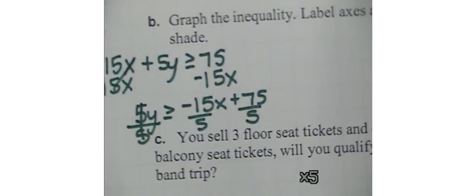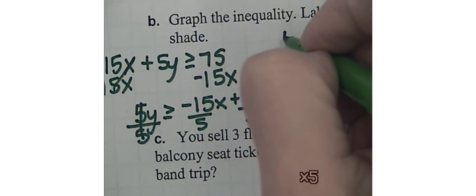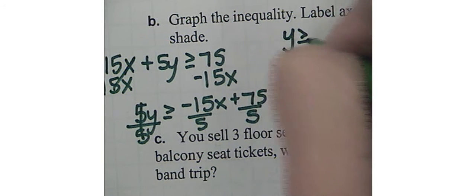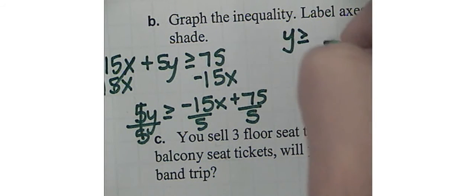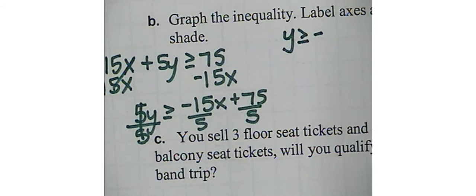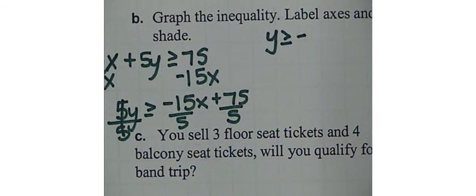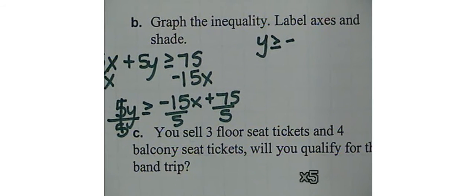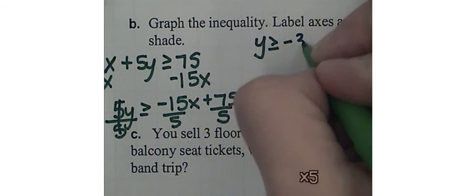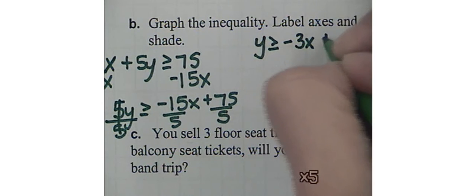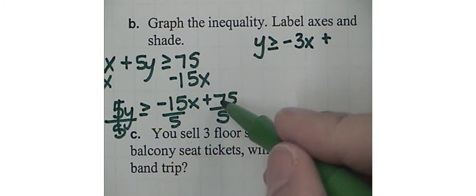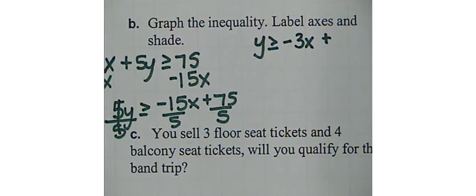This cancels, and we get y is greater than or equal to, what's negative 15 divided by 5? Negative 3x, plus, what's 75 divided by 5?